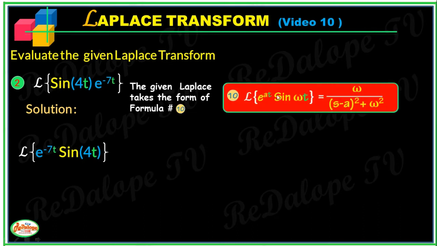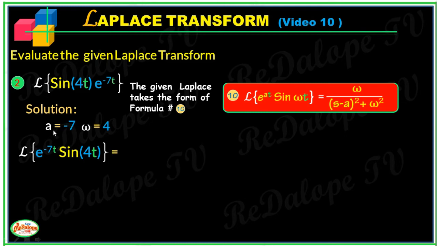Since e^(at) is the same as e negative 7t, a now becomes negative 7. Sine omega t is also the same as sine 4t, therefore omega is equal to 4.